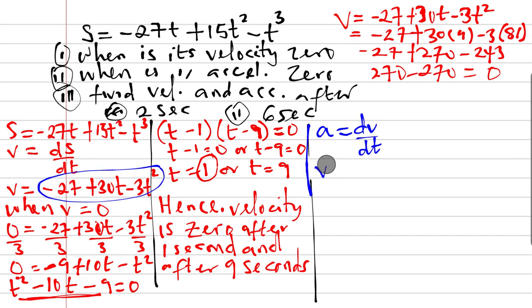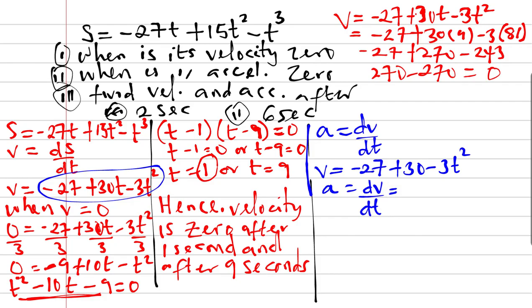So our v is equal to minus 27 plus 30t minus 3t squared. Are you seeing that? So we'll differentiate it. Our a will now be equal to dv/dt. If you differentiate it now, what will you get?